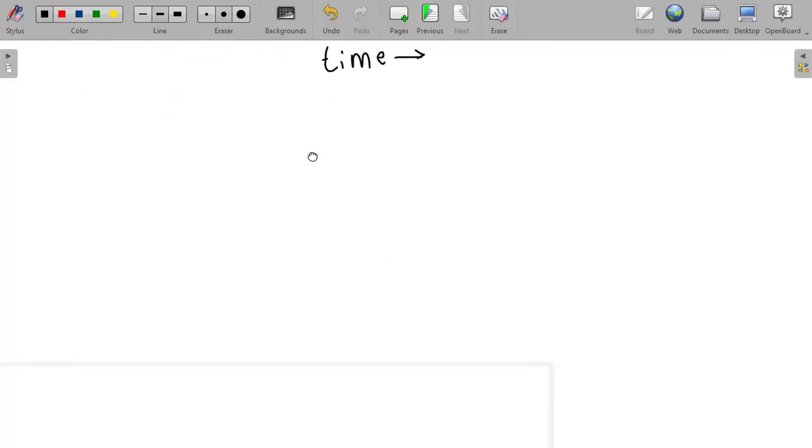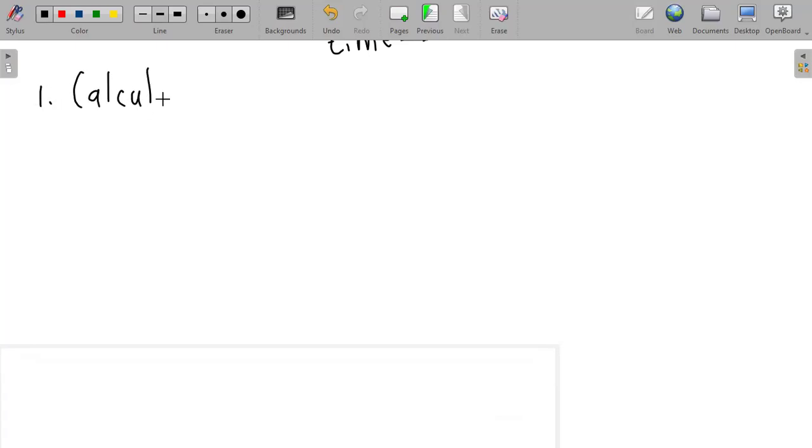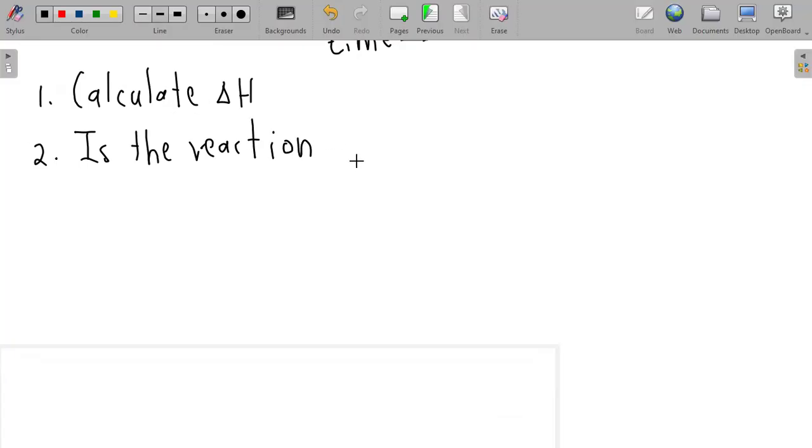Number 1, we must calculate delta H. Number 2, is the reaction endothermic or exothermic?